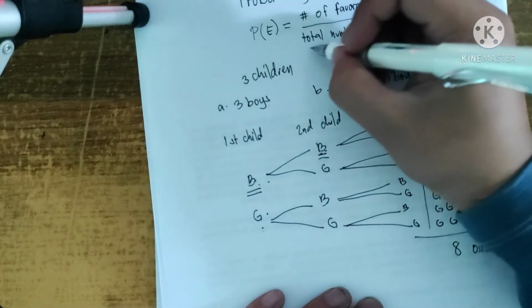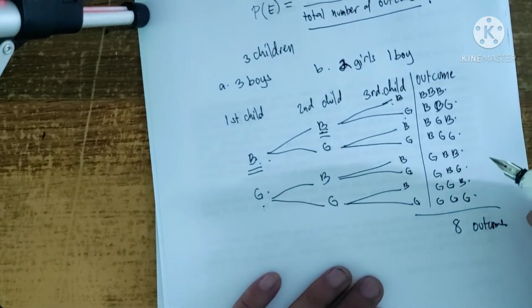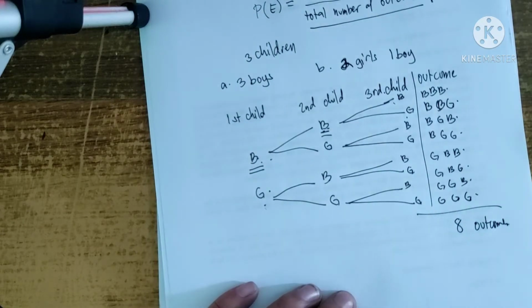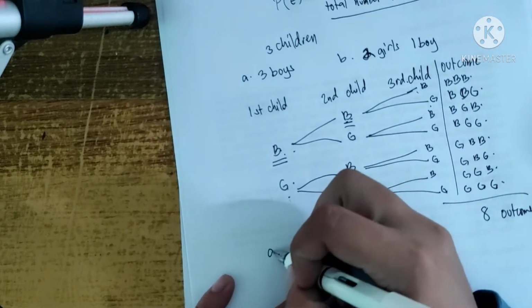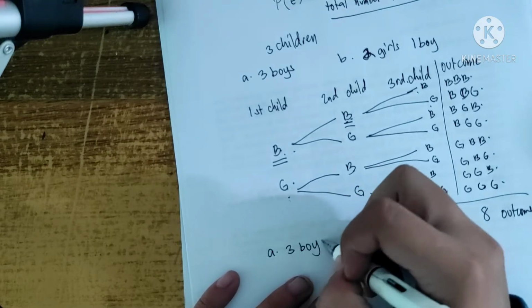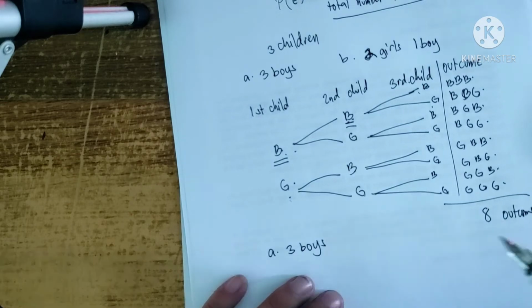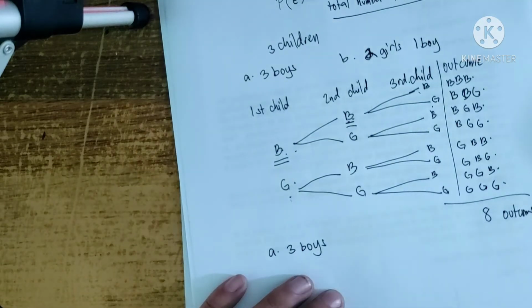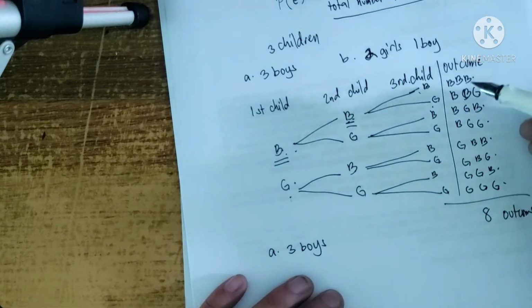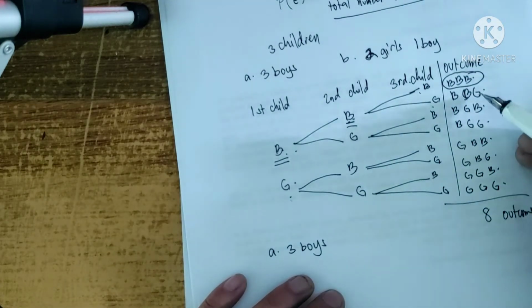Meaning, the total number of outcomes mo sa iyong formula is 8. Okay? Next, number of favorable outcomes. So, sa letter A, hinahanap dito yung tatlong lalaki, 3 boys. So, in the 8 outcomes, ilan lang yung may tatlong boys, no? Isa, ito, boy, boy, boy. Meron pa ba? Boy, boy, girl, may girl siya.